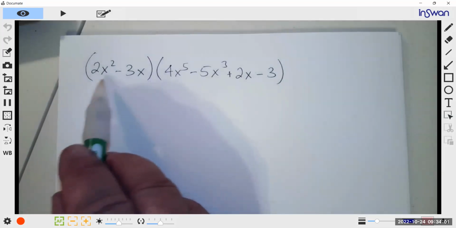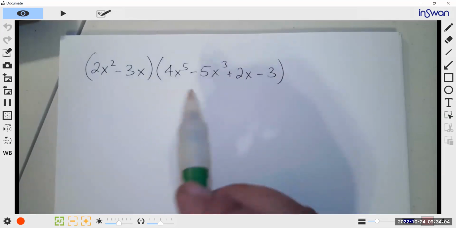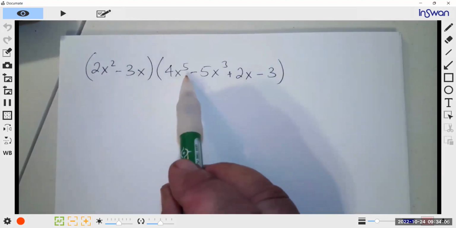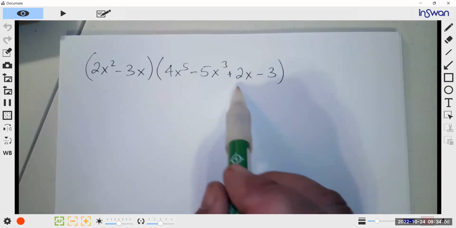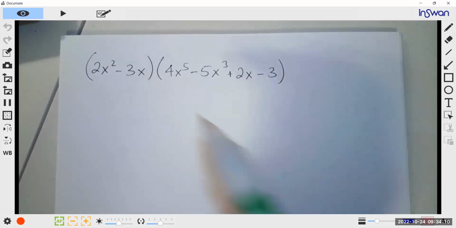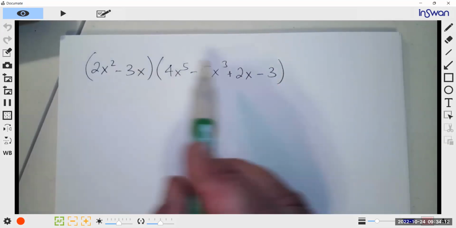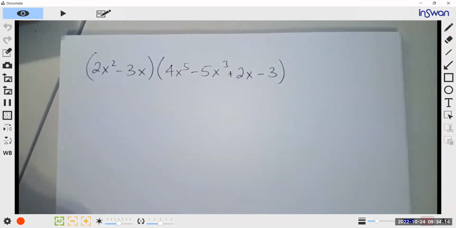So first parenthesis, 2x squared minus 3x. The second parenthesis is 4x to the fifth minus 5x cubed plus 2x minus 3. Notice how even inside the parentheses, I have them decreasing in exponents.